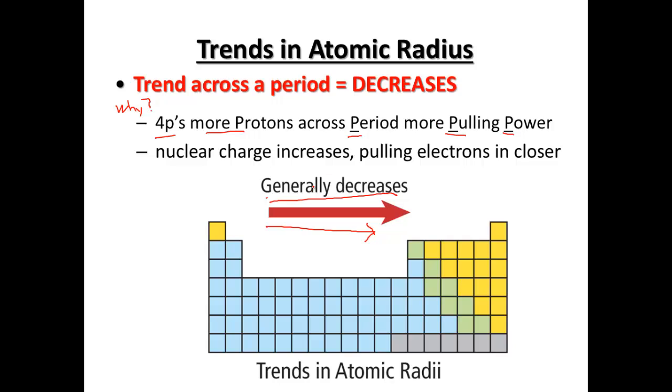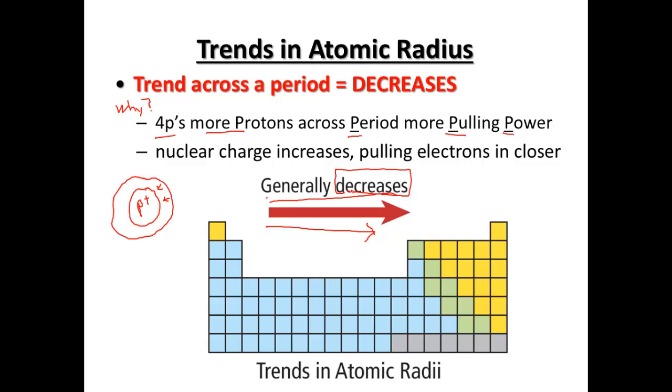As you increase the number of protons, it increases the pull on every electron. The more protons you have in the nucleus, the more they pull on each electron, making those atoms actually smaller as you go across the period.